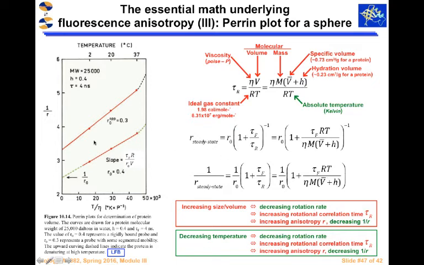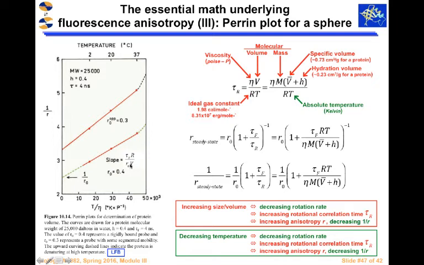So this means that we can use anisotropy to measure basically molecular weight, or molecular size. What is the slope of this line here? This equation tells you the slope of this line is fluorescence lifetime times R, the ideal gas constant, over R0, the photoselection anisotropy, times the volume.